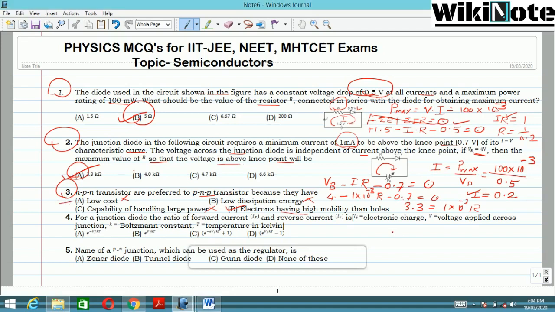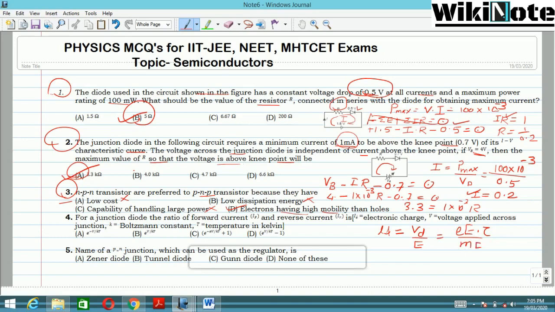The solution is interesting. Now what do you mean by mobility? Mobility is given by the formula drift velocity of the electrons divided by applied electric field. So please note down this formula, guys. Drift velocity is given by the formula charge multiplied by applied electric field multiplied by relaxation time divided by mass of that charge carrier.